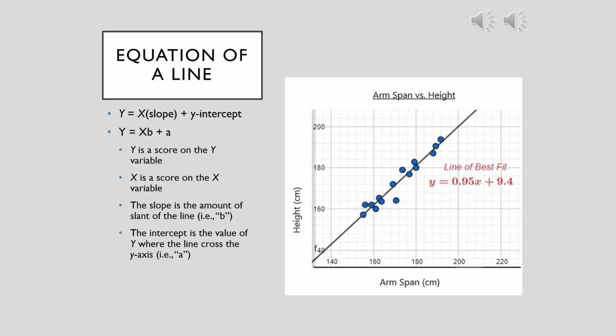So it looks like we're looking at arm span as the x-axis or the predictor variable, predicting height, which is the y-axis and y variable. And 9.4, I'm going to guess, oh yeah, these are in centimeters, 9.4 is where this line would cross the y-axis, where x equals 0 centimeters of arm span. But of course, nobody is 9.4 centimeters tall, at least to my knowledge.